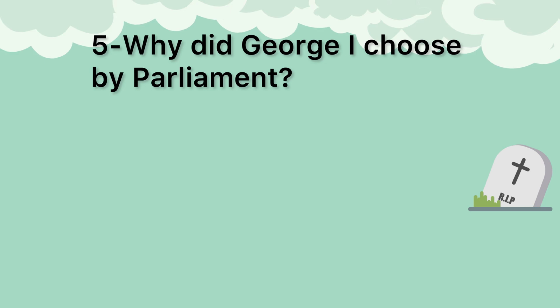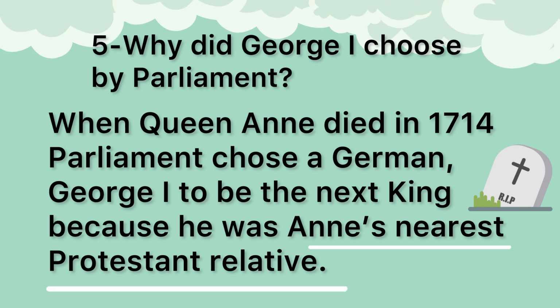Why was George I chosen by Parliament? When Queen Anne died in 1714, Parliament chose a German, George I, to be the next king because he was Anne's nearest Protestant relative.